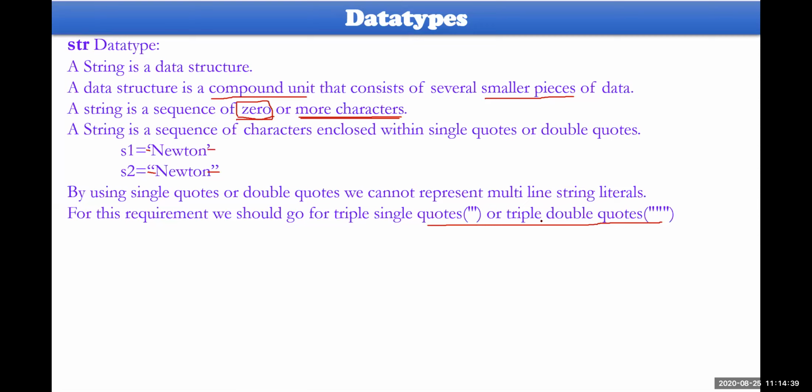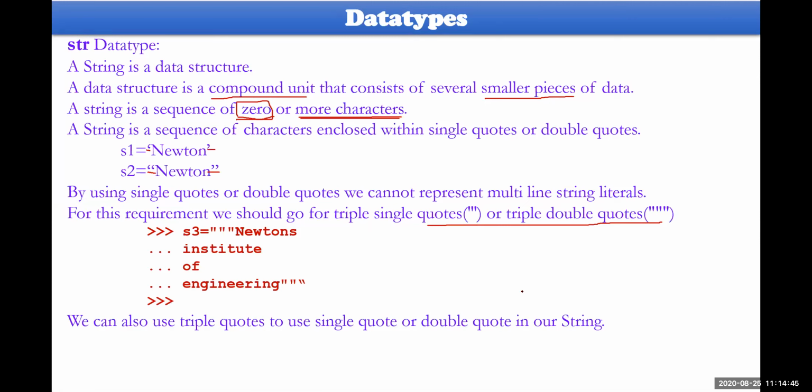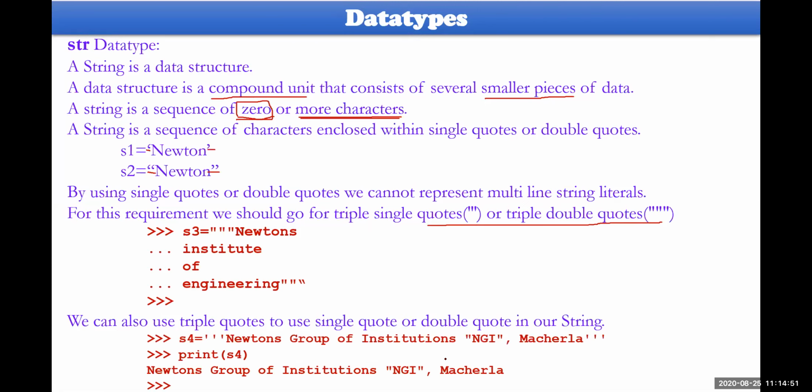In this way, you can consider. Single quotes also get used here, something like this. Within single quotes, you can use double quotes, or within double quotes, you can use single quotes, producing the output something like this.